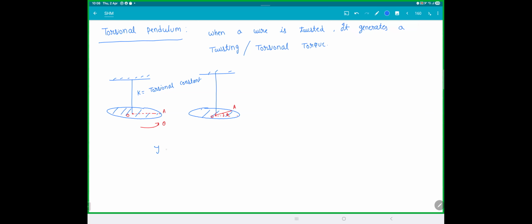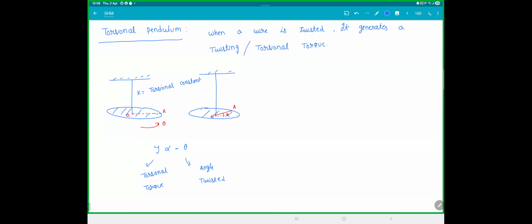This torsional torque is proportional to minus theta, where theta is the angle twisted. So the more you twist, the more torque you get.